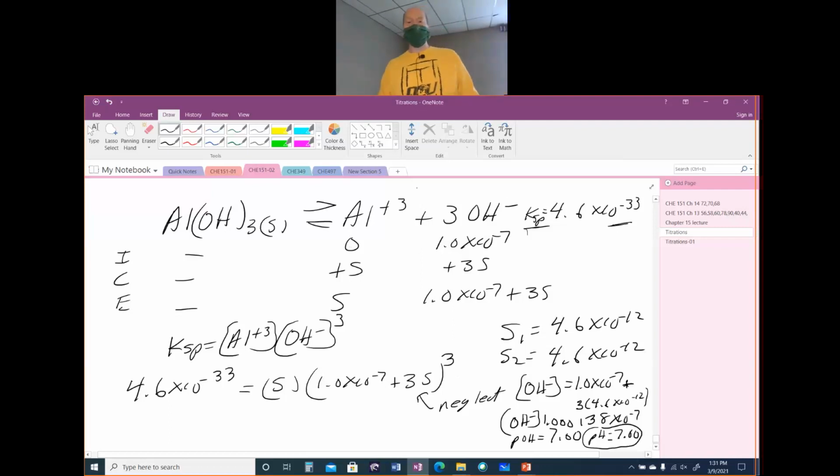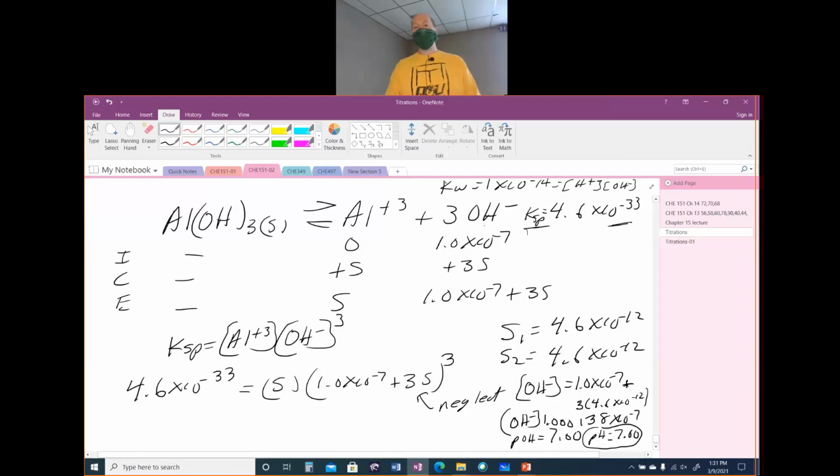However, water has a Kw of 1 times 10 to the minus 14, and that is the concentration of your H plus times your concentration of your OH minus. And so each of those has a concentration of 1 times 10 to the minus 7.